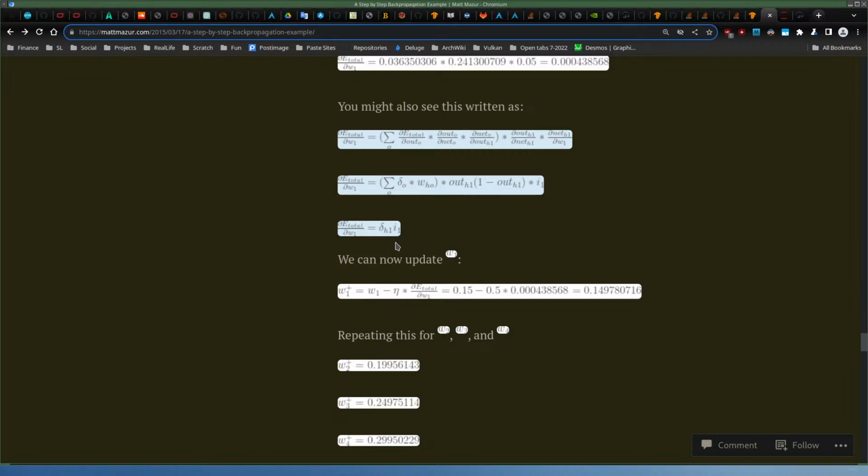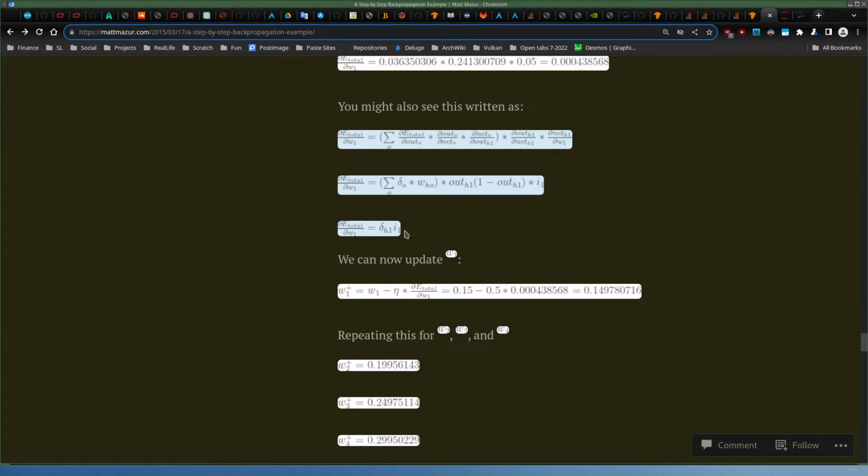So in order to go a layer back, we need the delta values. And for the last layer, that would be the delta O1, which is just the output minus the target times the output times 1 minus the output.